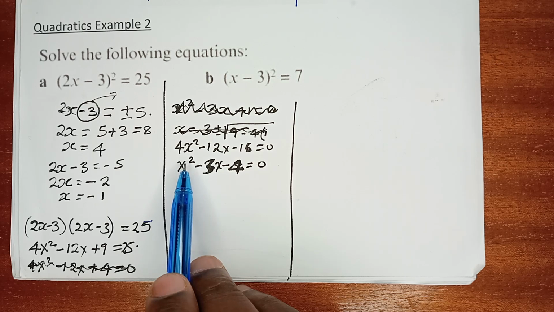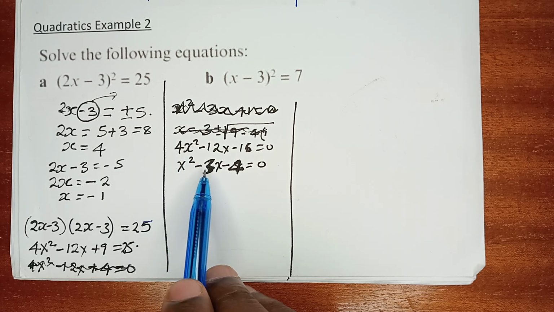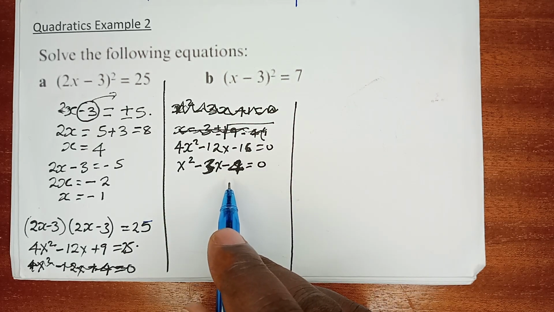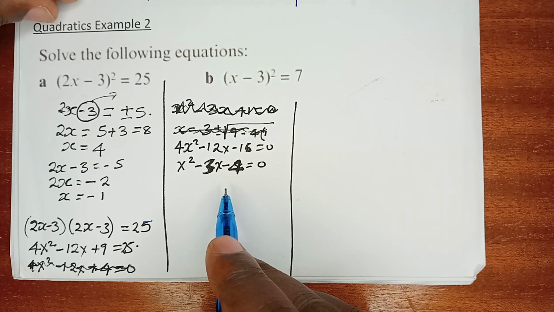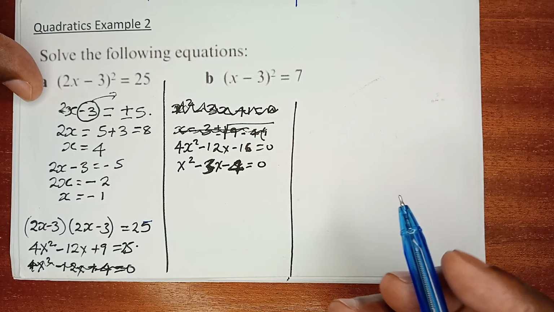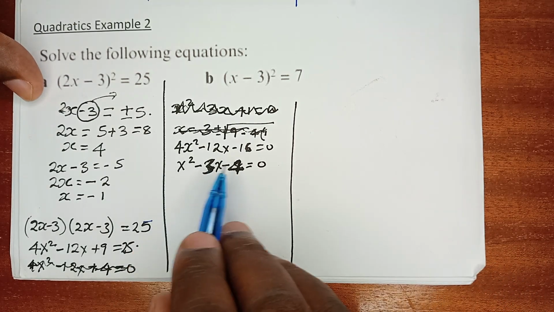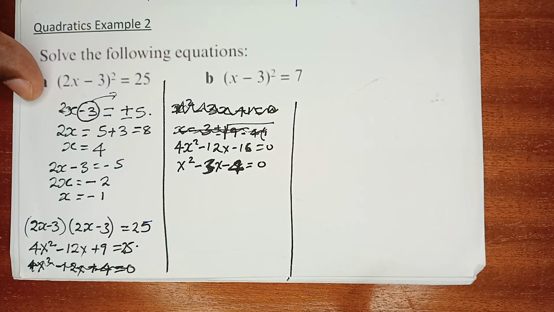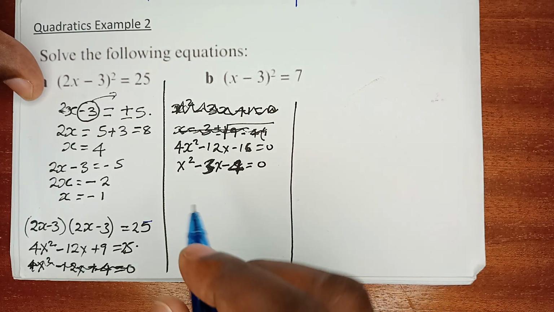As we can see, we are able to divide everything by 4, and we have x squared minus 3x minus 4 is equals to 0. At that point, we can go the factorization method. Two numbers, we multiply, they give us minus 4, and we add, they give us minus 3, and those numbers are minus 4 and 1, or minus 4 times 1, which is negative 4.